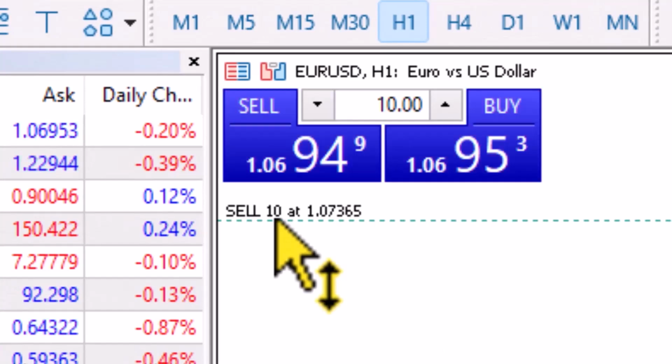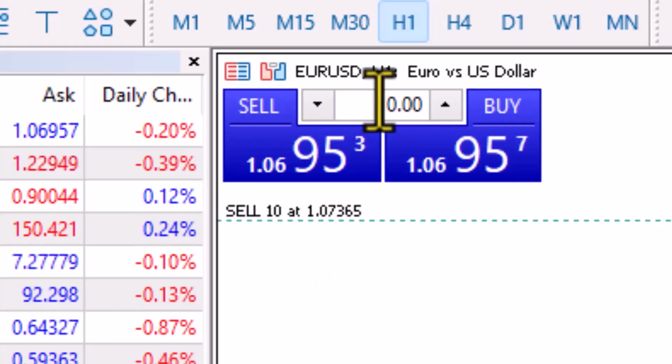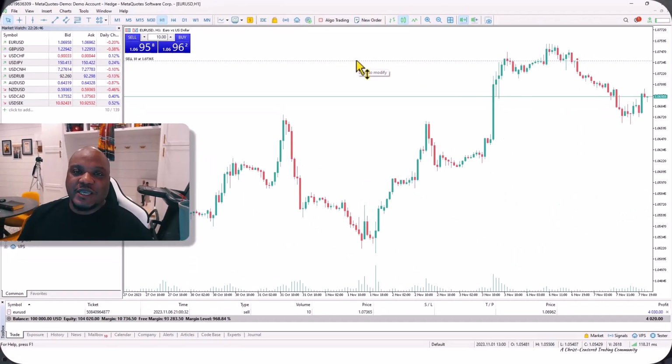What does that mean? That means that up here we entered a lot size, and that lot size determines how much profit we're going to get per pip of price movement.